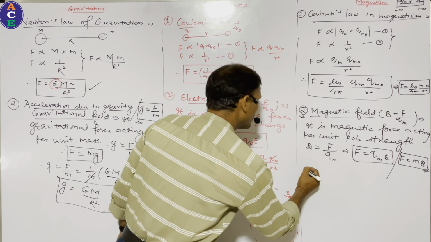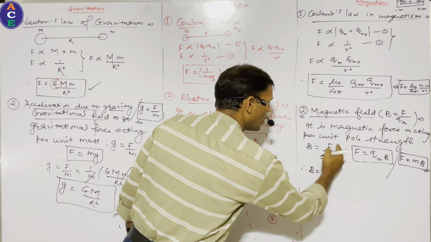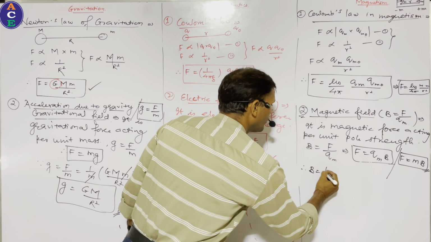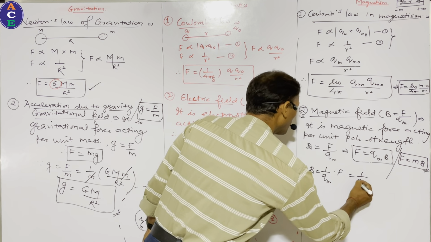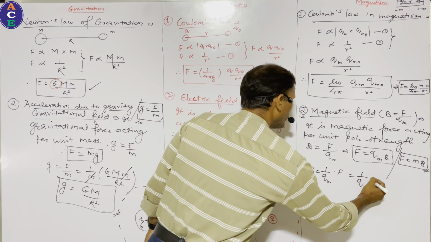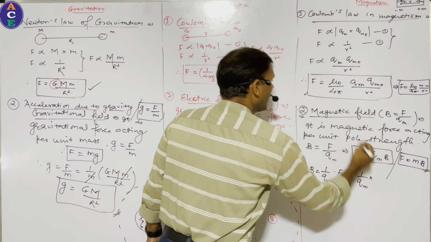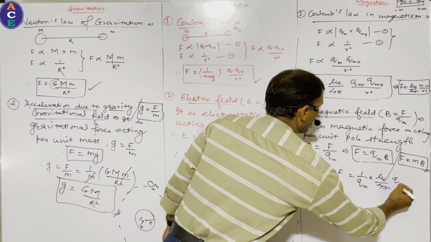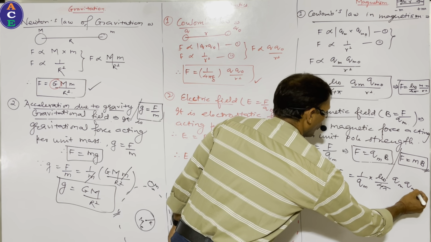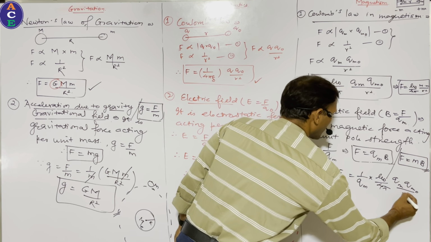नाउ वी कैन एक्सटेंड दिस फॉर्मूला एज B is equals to F by QM. So we can write 1 by QM into F. Now 1 by QM into what is F now? F we have mu naught by 4 pi QM naught upon R square.